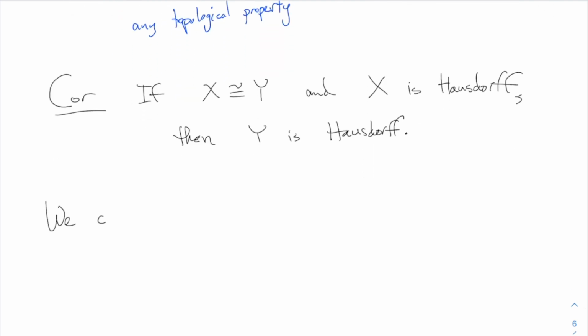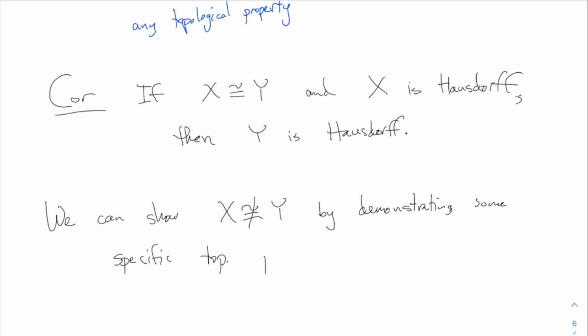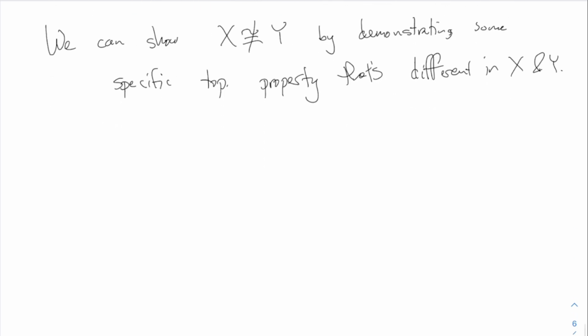So we can show that X is not homeomorphic to Y by demonstrating some specific topological property that's different in X and Y. All right? For instance, if one is Hausdorff and the other isn't, then they can't be homeomorphic. That's one fairly workable way to show that two things are not homeomorphic.